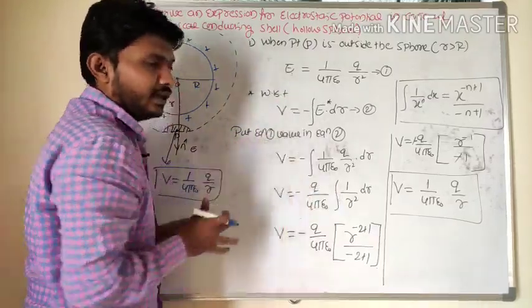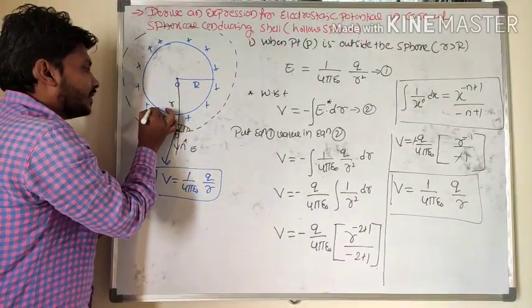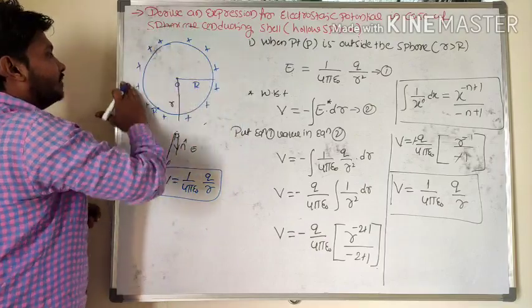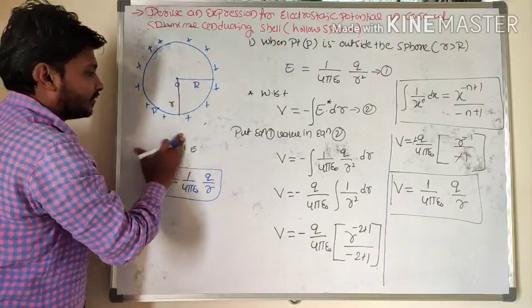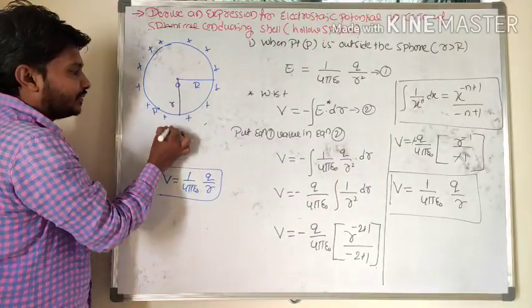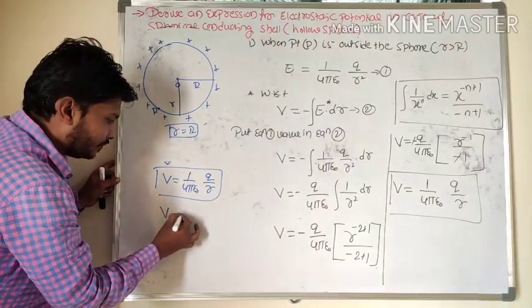Hope you are understanding. Suppose the point of observation is on the surface of the sphere, which means small r is equal to capital R. What will be the equation here?